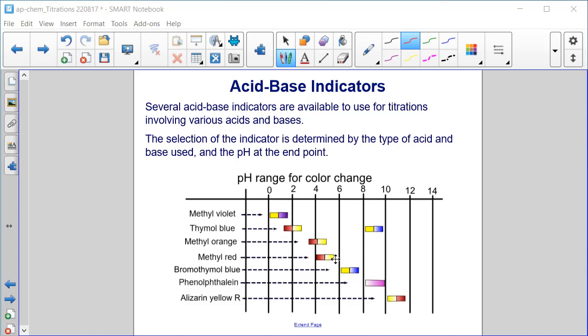As we increase where we would expect our end point, we might need to pick a different indicator: methyl orange, methyl red, bromothymol blue. Bromothymol blue changes color around a pH of 7. Phenolphthalein is from 8 to 10, so around 9 here. Thymol blue has another end point there as well. And then alizarin yellow has the highest end point, around a pH of 11.